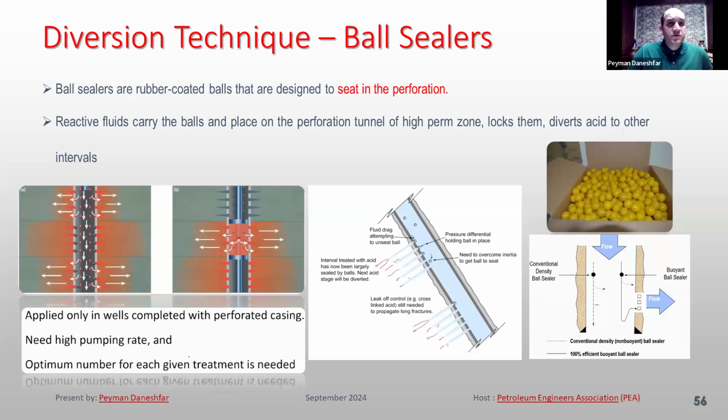Another diversion, coming to chemical diversion, is the ball sealer. A ball sealer is a rubber coated ball that is designed to sit in the perforations. Reactive fluid carries the balls to the perforation tunnels in the high perm zone, where they seat and divert acid to the other intervals.